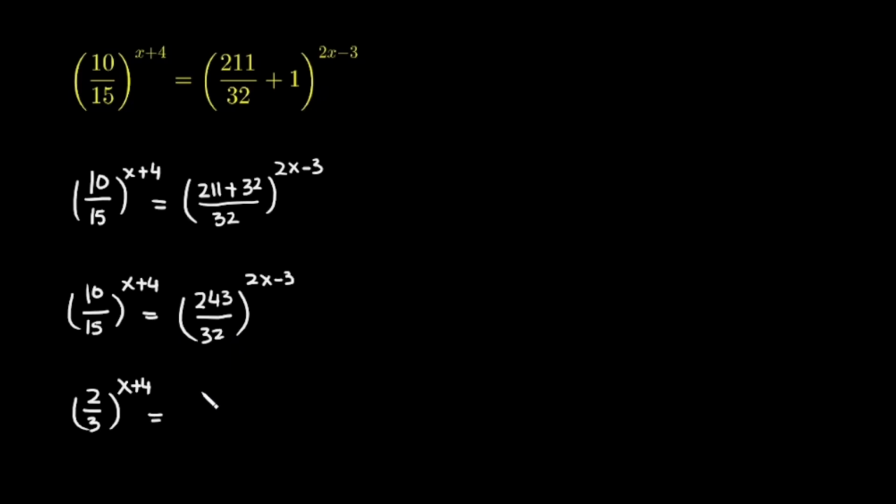can be written as (3 raised to the power 5 over 2 raised to the power 5) whole raised to the power 2x minus 3. So in the next step, this is (2/3) raised to the power x plus 4 is equal to, this 3 raised to the power 5 over 2 raised to the power 5.